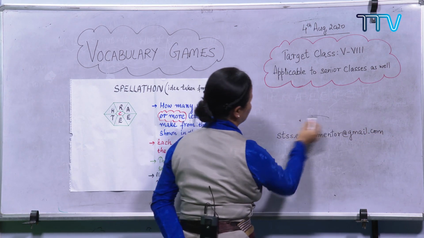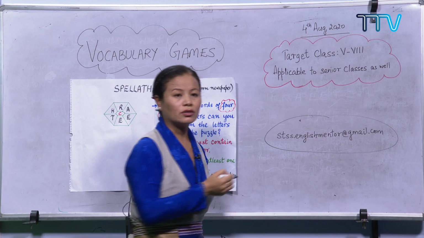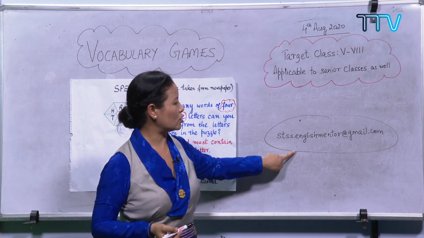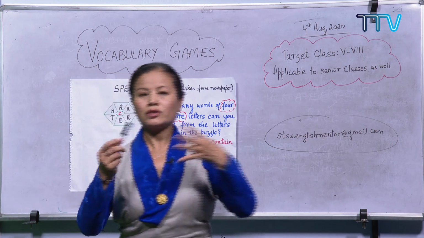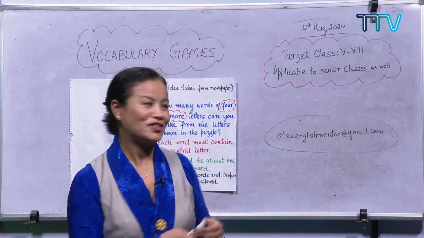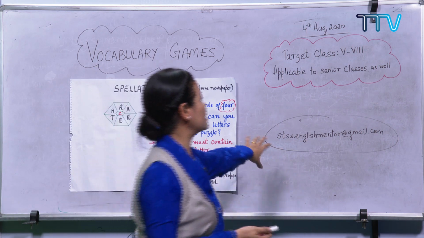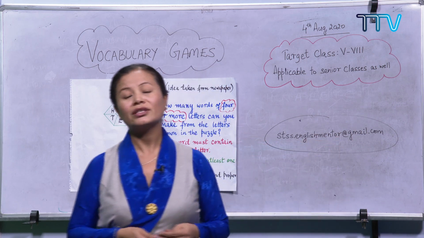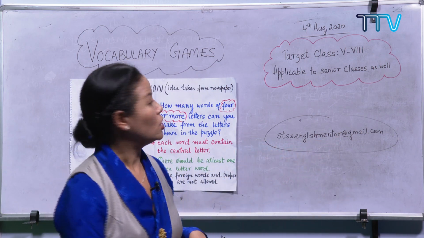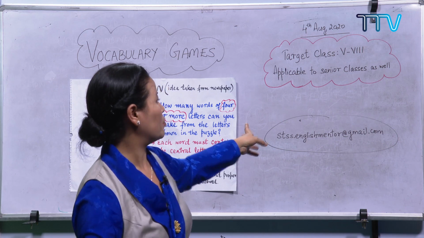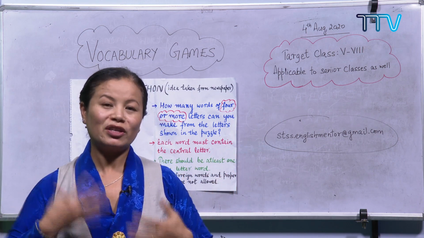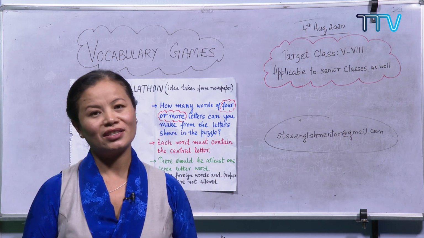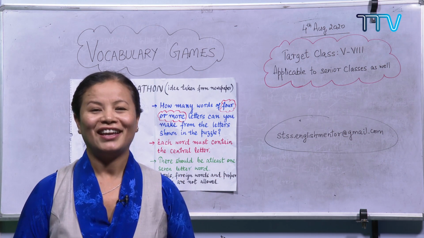This is my official email ID. The teachers with whom I work, the other English teachers, have this email ID, so students might not have it. You can mail me your questions on this ID, and we will try to address your questions next week. Thank you.